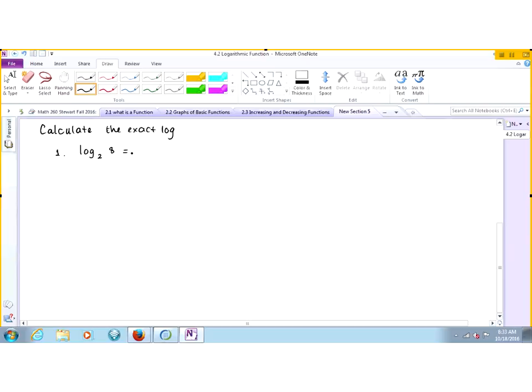This is asking the question, 2 raised to what number gives 8? So what's my answer? 3. I could write it as 2 raised to what number equals 8. That's the same thing, 2 raised to the 3rd power.